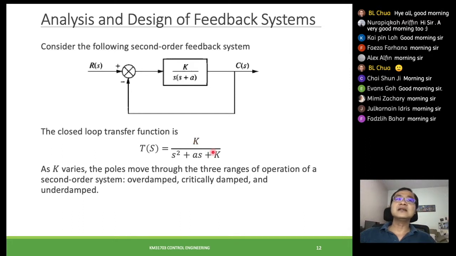So from here we can see we can transform this so-called feedback system into a very similar second order transfer function, similar to the one in the open loop, right?